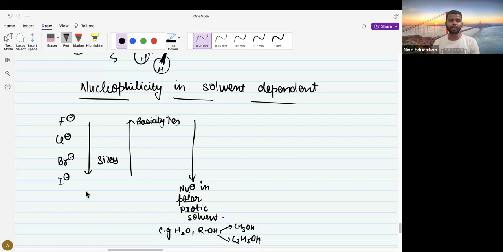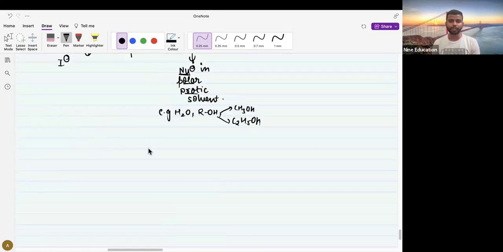From up to down, the nucleophilicity order in polar protic solvents will be fluorine minus less than chlorine minus less than bromine minus less than iodine minus. So iodine minus is the winner in polar protic solvent for nucleophile.